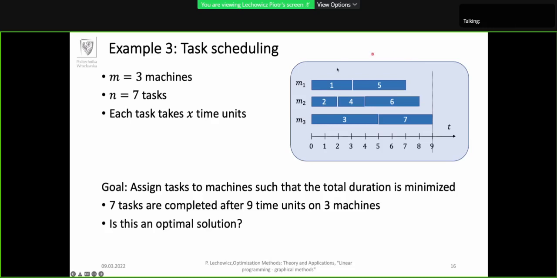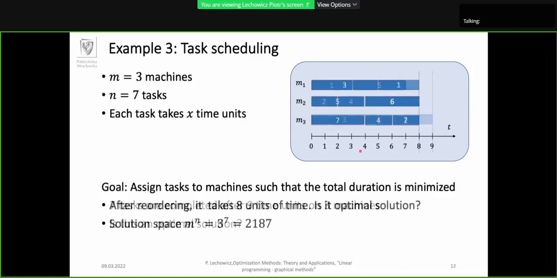And in this example here on this chart, these 7 tasks are completed in time slot units on 3 machines, and we should ask ourselves whether this is optimal solution or not.